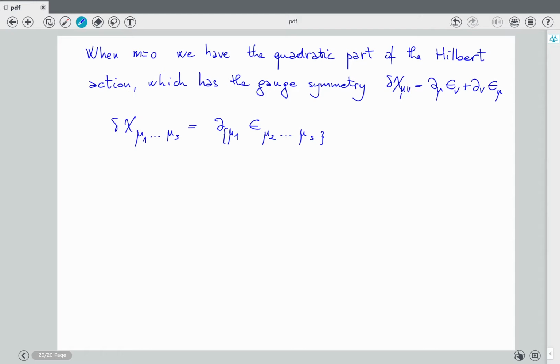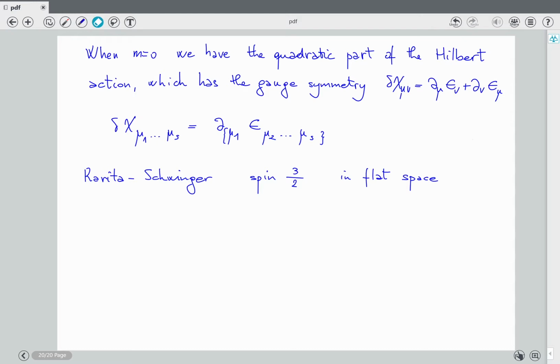So let's move on to talk about the Rarita-Schwinger spin 1/2, 3/2 fields. Rarita-Schwinger theory. So the spin is 3/2, and we will only do it in flat space because that is enough already.